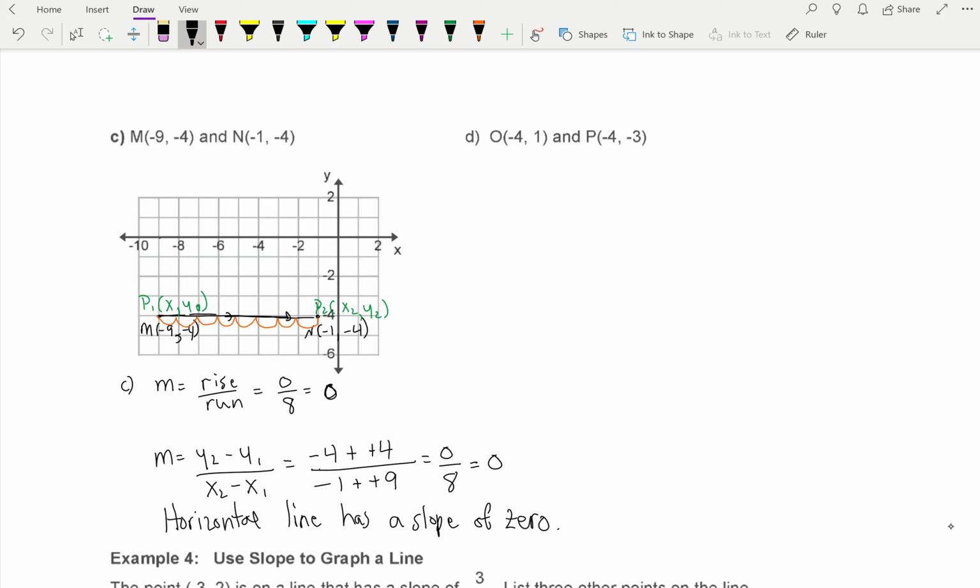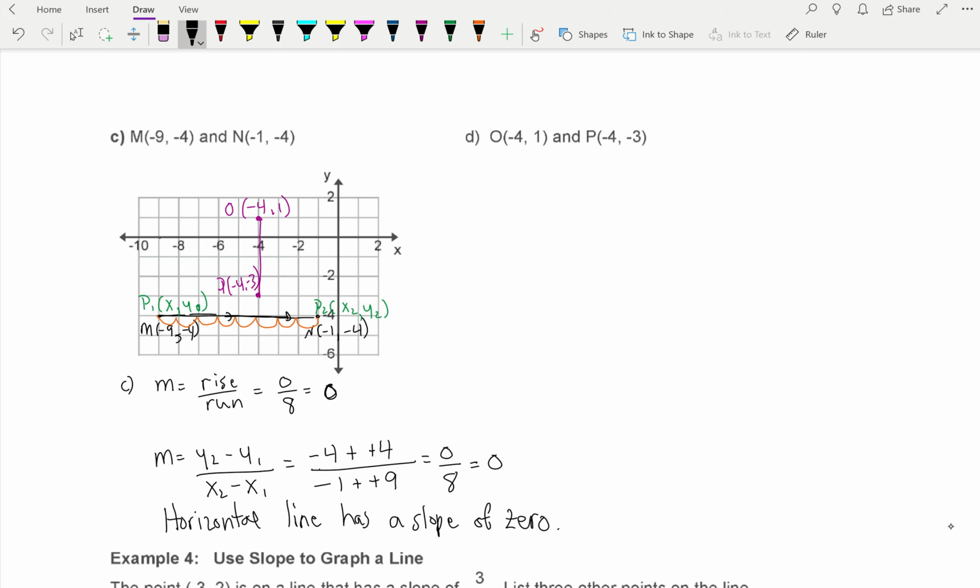All right, let's take a look at D then. I'll do this in purple. Okay, we have a point O at -4 and 1. And we have a point P at -4 and -3. Okay, join your points. Once again, we can't draw a triangle, but we can still use our formulas.